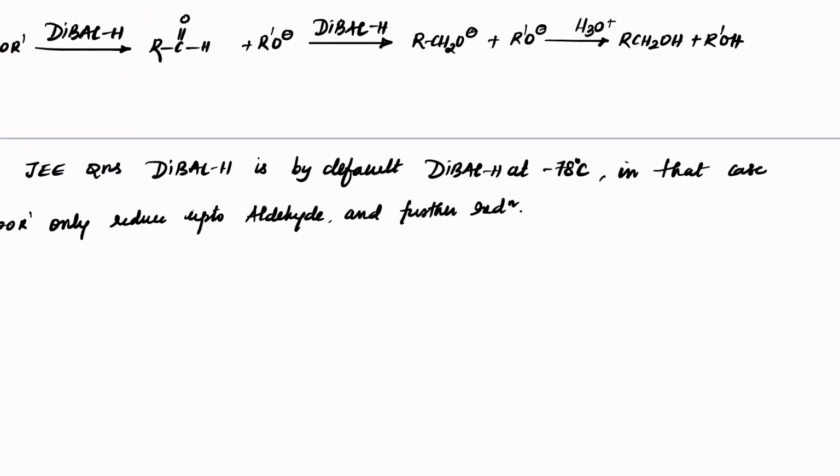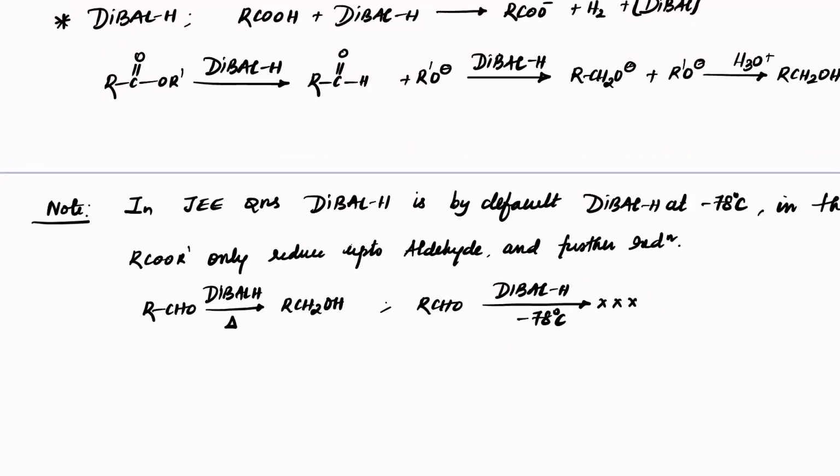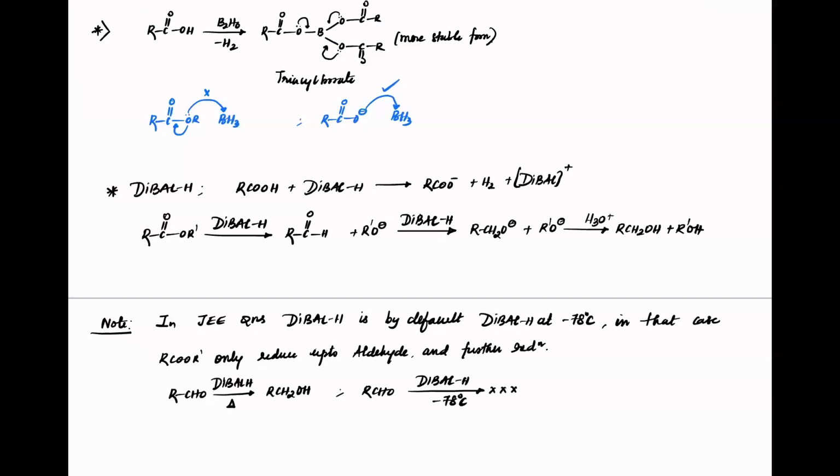It will not go for further reduction, which means if you are expecting that the aldehyde is to convert into an alcohol with DIBAL-H, in that case, the temperature must be given. Otherwise, if it is only given as DIBAL-H at minus 78 degrees or nothing is given, that means you will not consider it to further reduce. This is very important information about DIBAL-H, everybody.